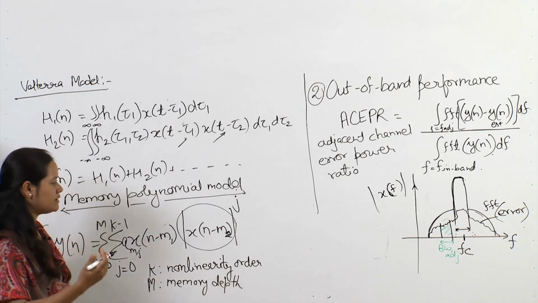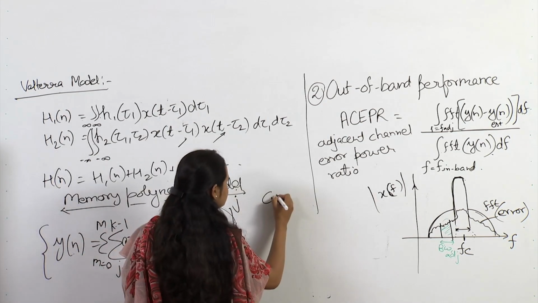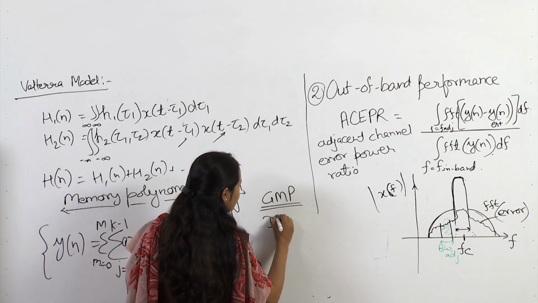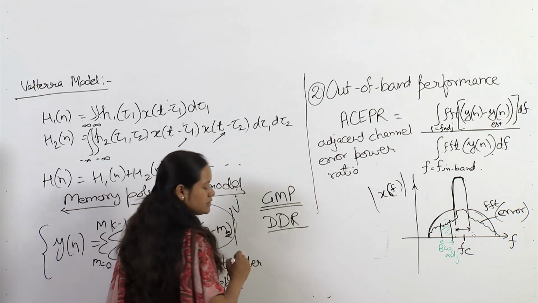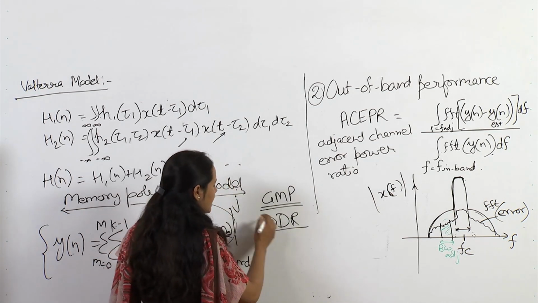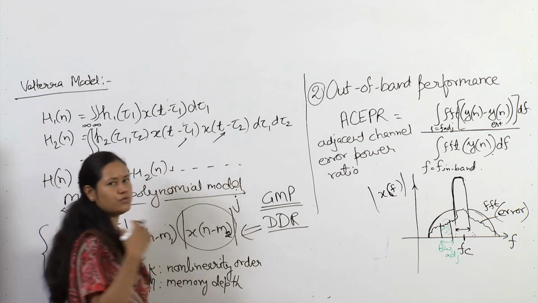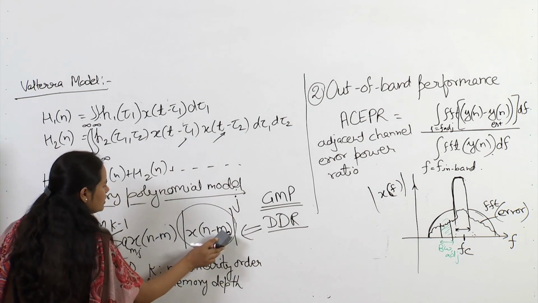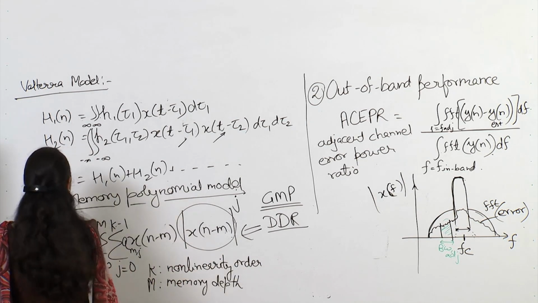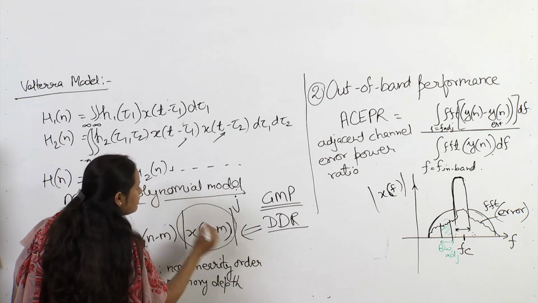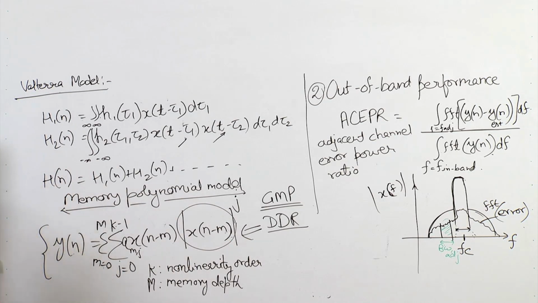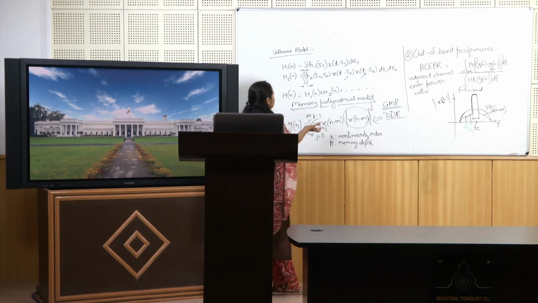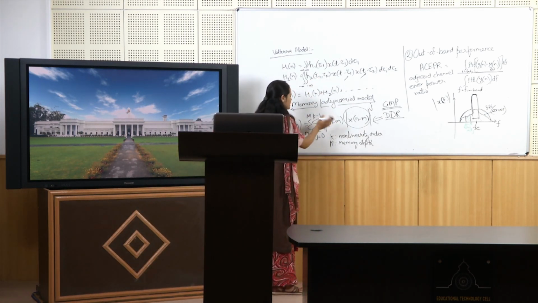So there are many models here such as GMP, generalized memory polynomial, and the DDR model, dynamic deviation reduction based model, and they all take advantage of this Volterra series and make this memory polynomial a little bit more complicated, to achieve better modeling performance. We are not going into all those models, because there are several in the literature, but the basis comes from the Volterra model and its deviations.